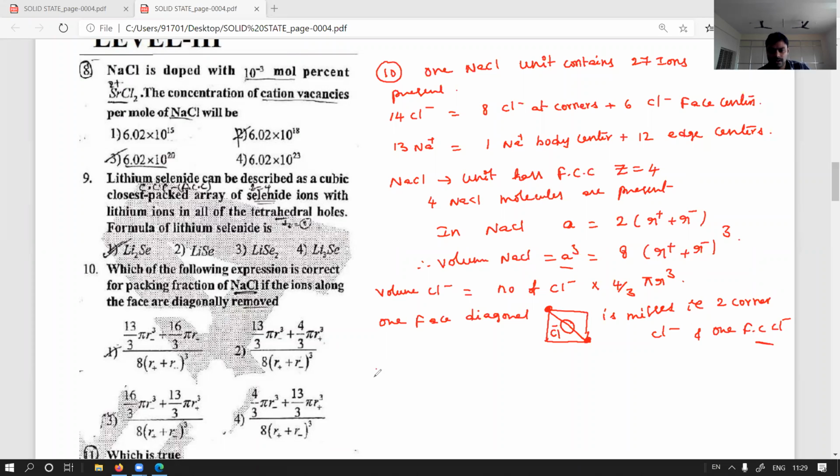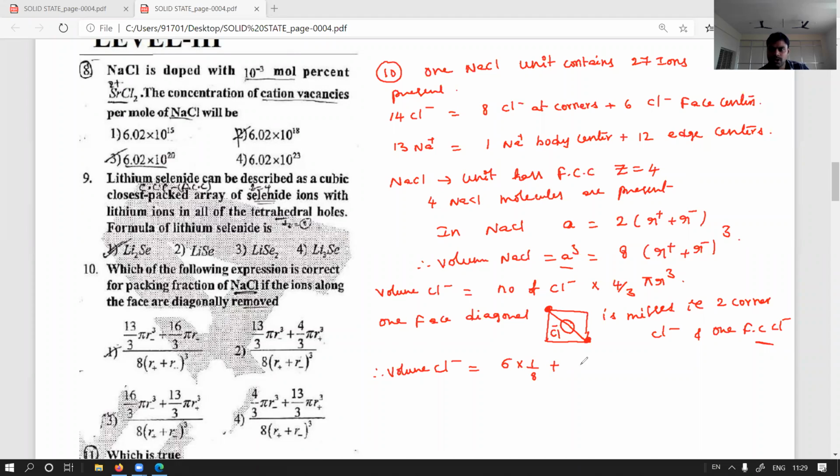So the volume of Cl minus: out of the total 8 corner chloride ions, only 6 are present, and the contribution of each is 1 by 8.